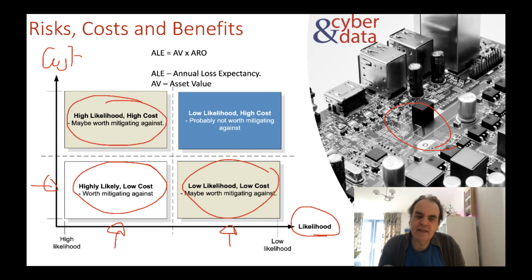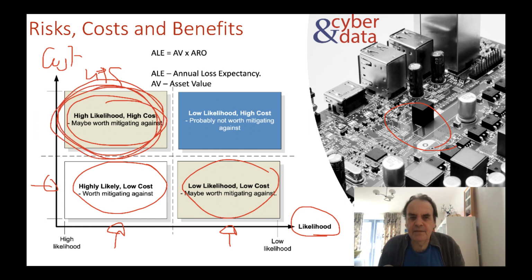Anything that's highly likely and with a high cost, such as a power failure on the network, then it might be costly to create UPS power supplies and battery backups and so on, and also have off-site backups. But the chance is quite high, especially in certain regions of the world. So it's probably worth it here to mitigate against this risk.